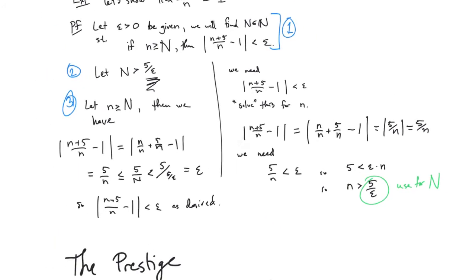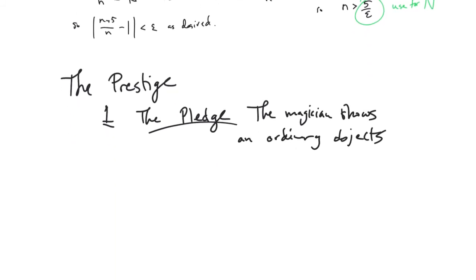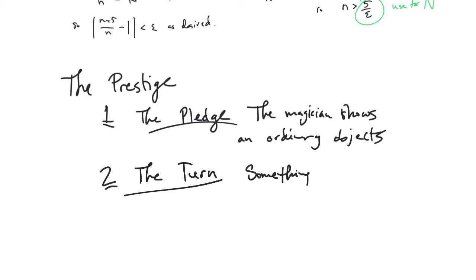This is like step 1 of this proof. You're just saying, here's the epsilon. Here's what I'm going to do. I'm going to find the n that has to satisfy this or that. All right? Part 2 of the magic trick is the turn. This is when the magician makes that ordinary object do something extraordinary. You might be tempted to think this is the whole trick.